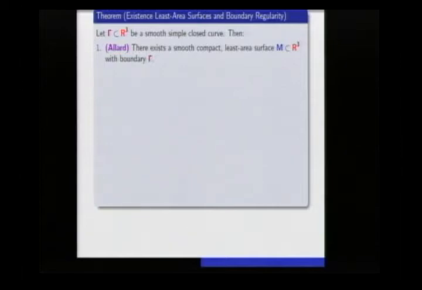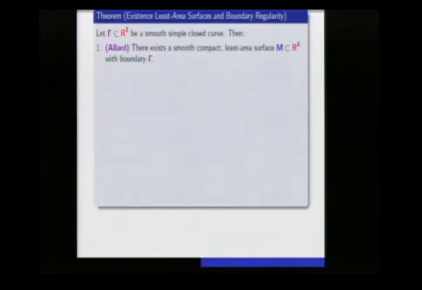But in fact, some other things that he did also, you can prove that there's some boundary regularity. So when you solve this problem, you in fact get a compact least area surface with boundary the curve. So everything is smooth.